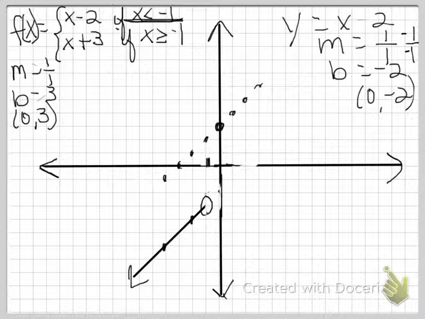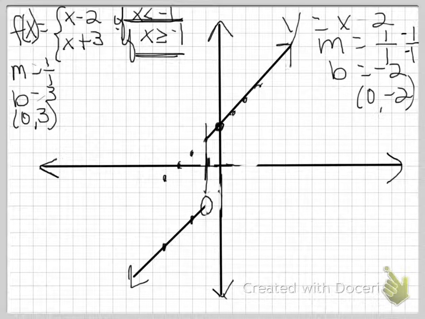Now the boundary is x is greater than or equal to -1. So here's my boundary right here. And it's greater than, which is to the right. So my line is only going to go to the right of this. So all these points to the left, I'm going to erase.